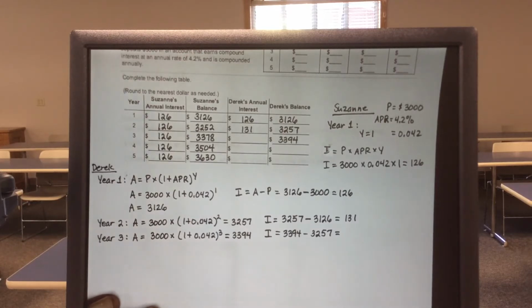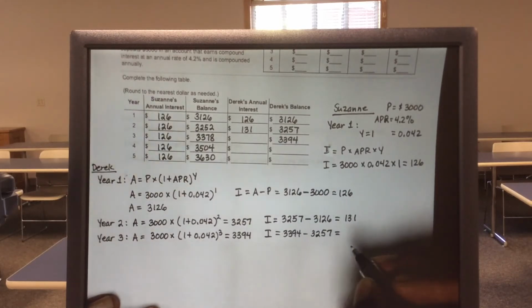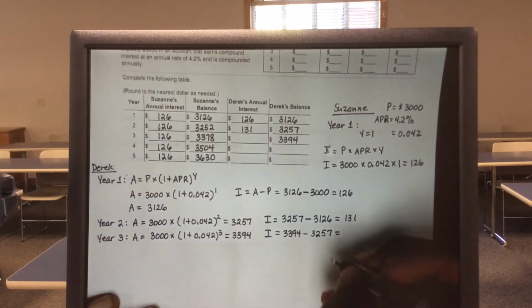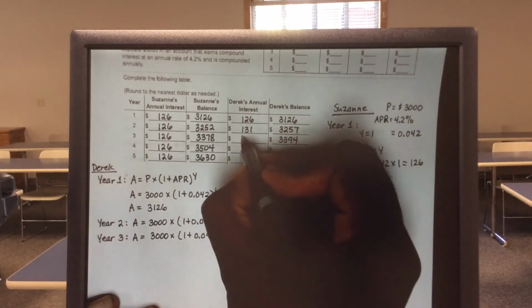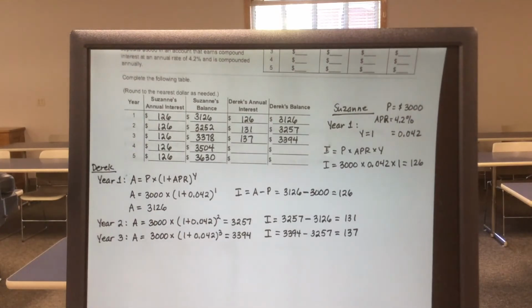So if we subtract that, you'll get $138. I'm sorry, $33.94 minus $32.57. It's actually $137. So Derek has picked up an additional $137 after the third year.